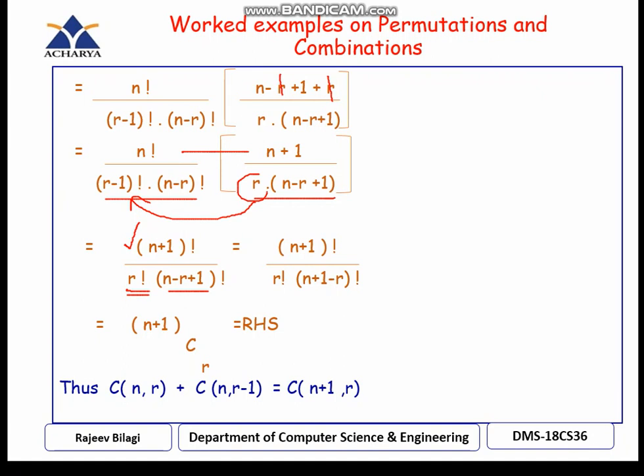So this is equal to (n plus 1) factorial divided by r factorial into (n plus 1 minus r) factorial, which I can write as (n plus 1)Cr, which is equal to the RHS. Thus C(n, r) plus C(n, r minus 1) is equal to C(n plus 1, r).